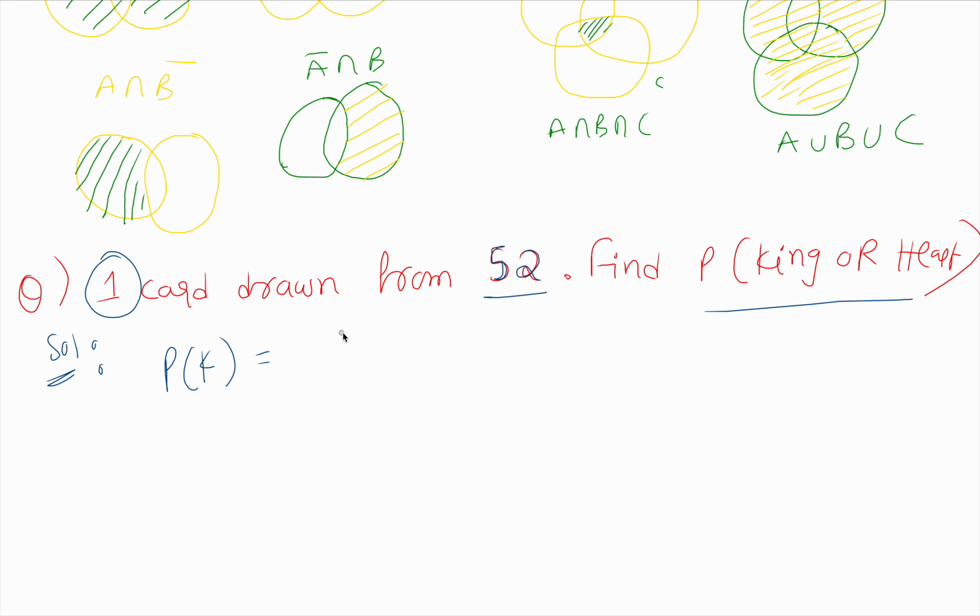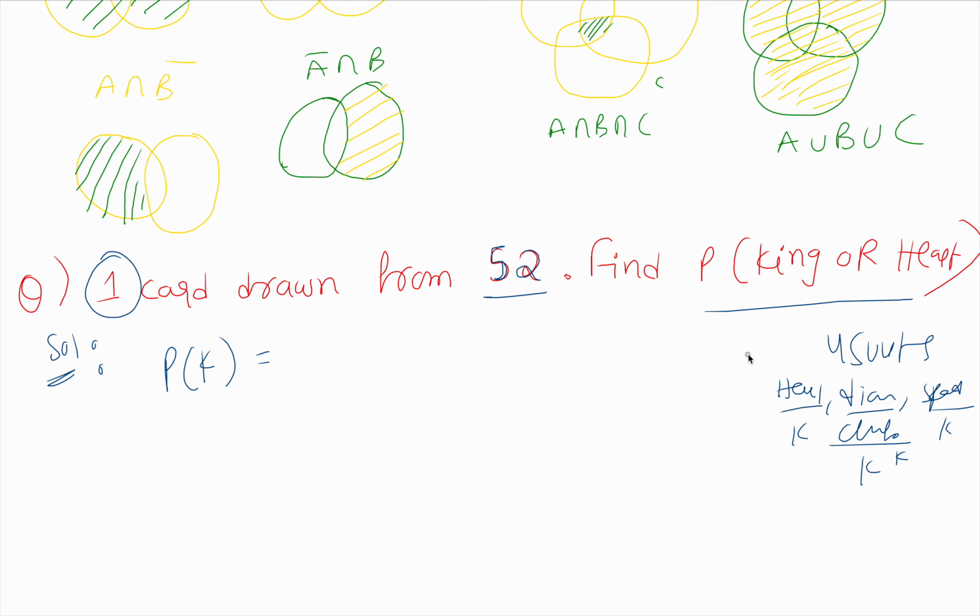Total how many kings? 4 kings. A pack of cards has 4 suits: heart, diamond, club, spade. In diamonds, there is one king. In spades, one king. In clubs, one king. Hearts also have one king.